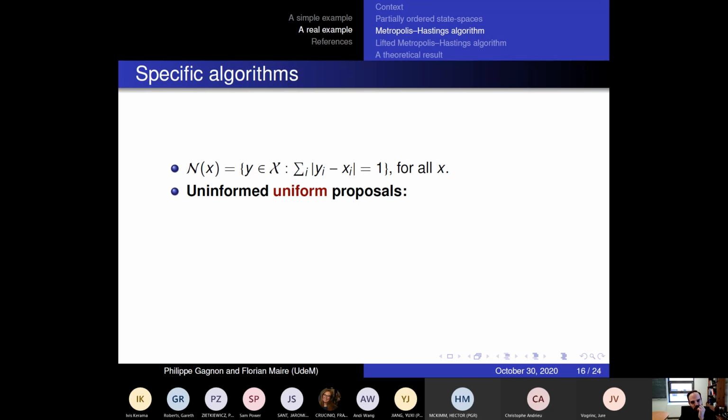Okay, so you could choose the proposal distributions in several ways, but a traditional choice is the uniform. Okay, so the uniform over the neighborhood. So in this case, the acceptance probability would be given by this. And it simplifies actually to this in our case because of the kind of neighborhood that we use. So to see this, it's just because all neighborhoods have the same size.